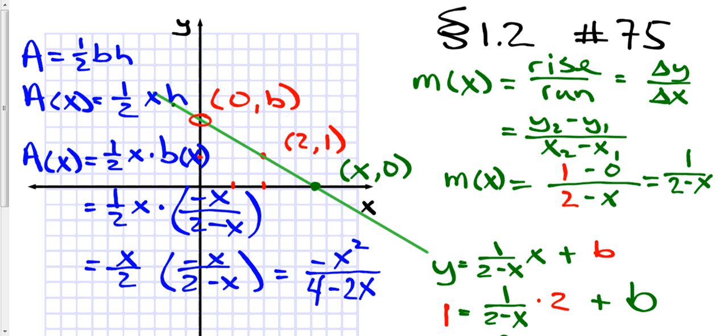And that is your area with respect to x. So now, what's the advantage of doing all that? I give you any x, and you can just plug and chug, right? You don't have to go through all that analytic geometry that we just did to come up with the formula, because now that we got the formula, we can just plug numbers in.